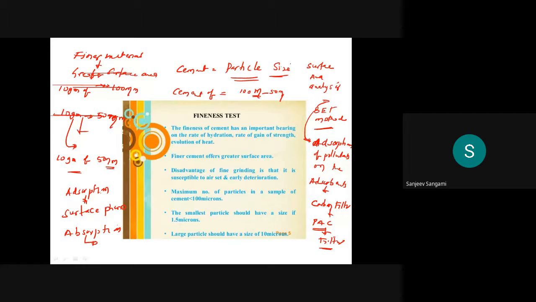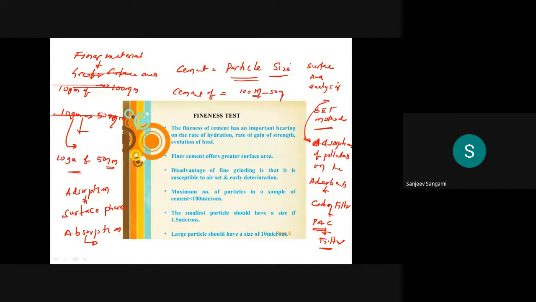If you take a sponge, the water is going to enter into the sponge, not just the surface. If you give a drop of water to glass, it is going to flow on the surface. That is adsorption. Absorption means if you add water to a sponge, it is going to enter inside.